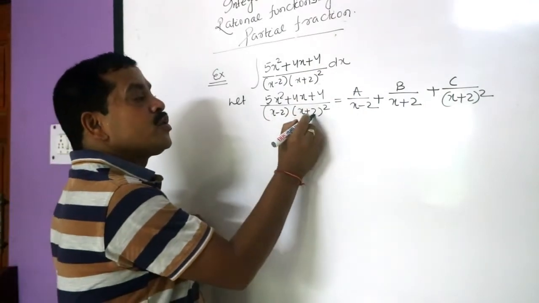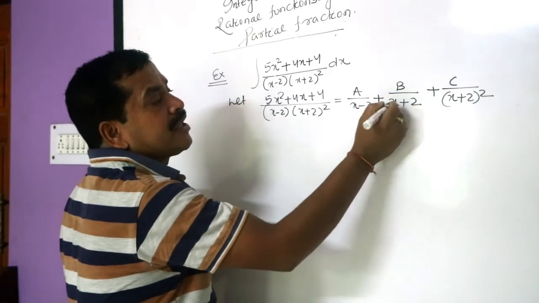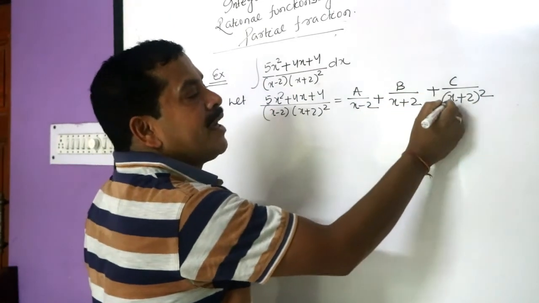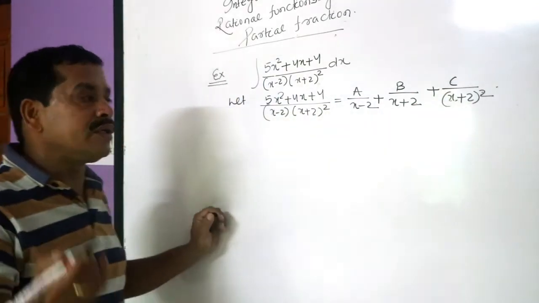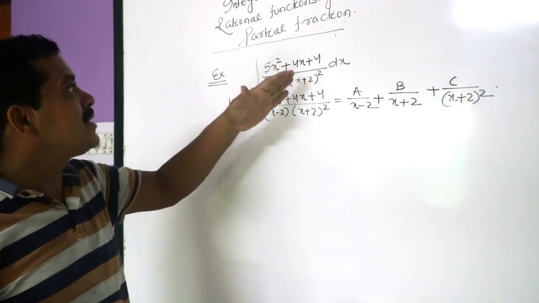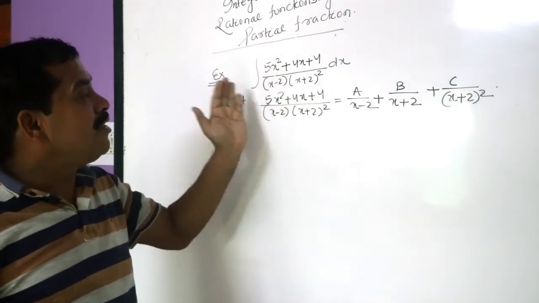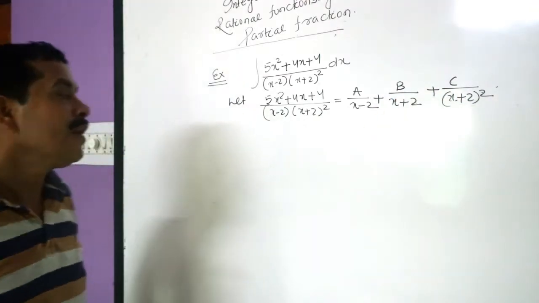If it is x plus 2 cube, then we can take b by x plus 2, c by x plus 2 whole square plus d by x plus 2 whole cube. In this way, you can divide this rational function into partial fractions.